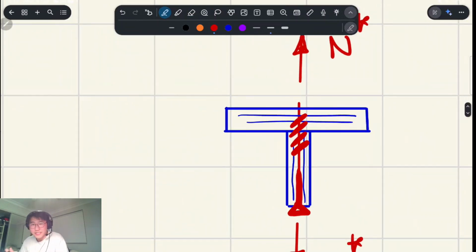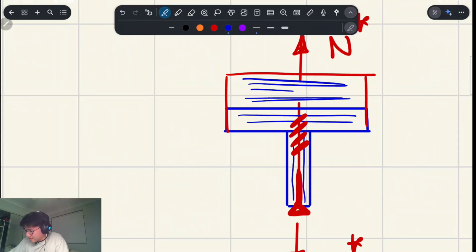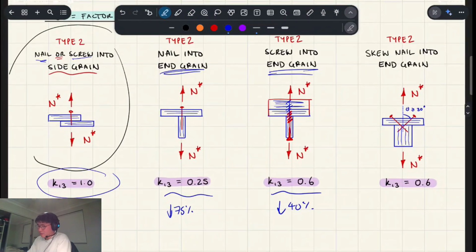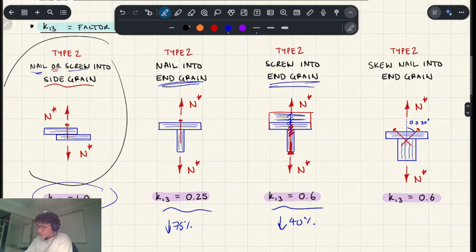Because the receiving material is basically on its side. Now there are problems with what I just said, because there's not enough material there. You kind of want a chunkier member, and you probably want more of the threads in the side grain portion if you have a screw. But anyway, theoretically you're going into side grain if you're doing it the other way that I just drew.